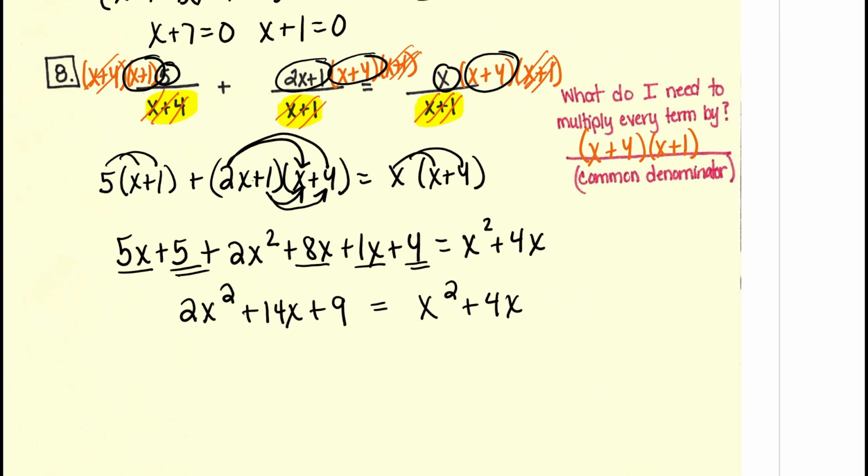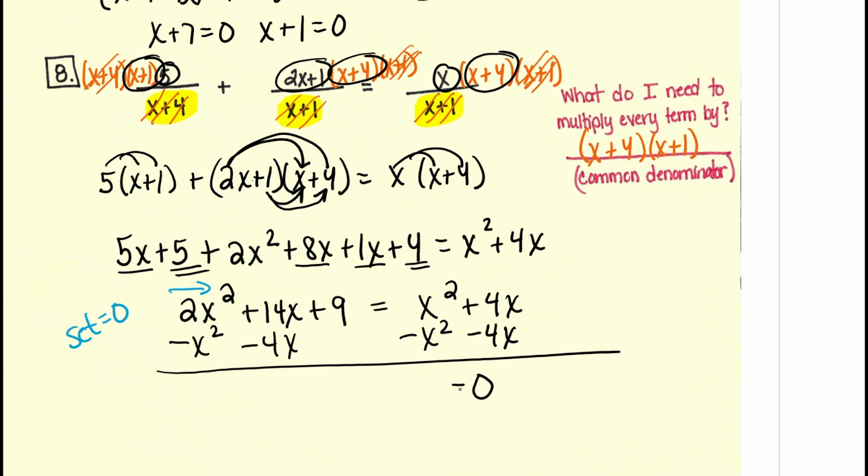All right, because that's a quadratic or a second degree equation, we need to set this equal to 0 and factor. If for some reason it wouldn't factor, then you would have to pull out your friend the quadratic formula. So we're going to subtract x squared, go find his friend, subtract 4x, go find his friend.